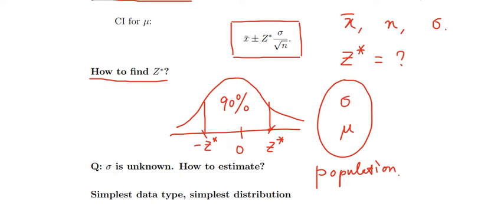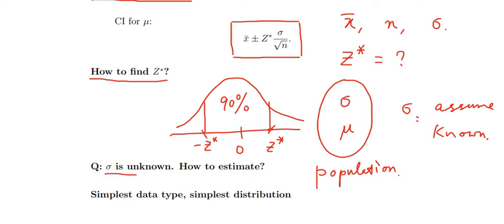In this formula we only assume we know sigma equals this number, but in reality sigma is unknown.